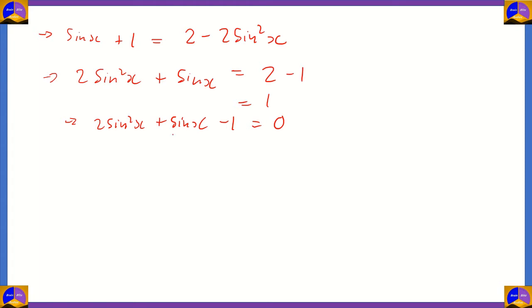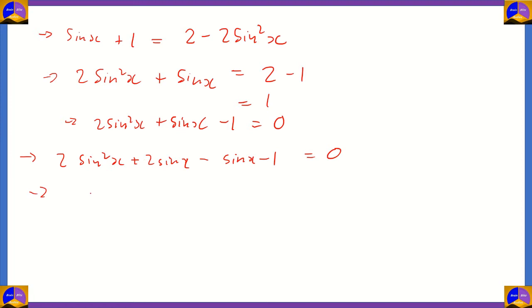So we need to split the middle term. So we can write sine x as 2 sine x minus sine x. So the expression now goes 2 sine square x plus 2 sine x minus sine x minus 1 equals 0.